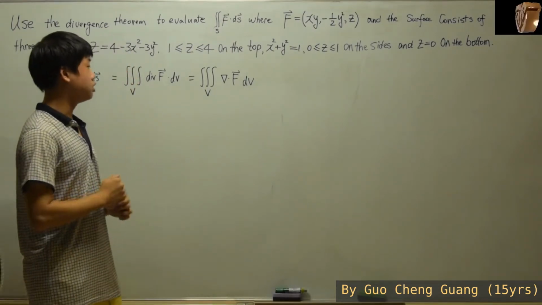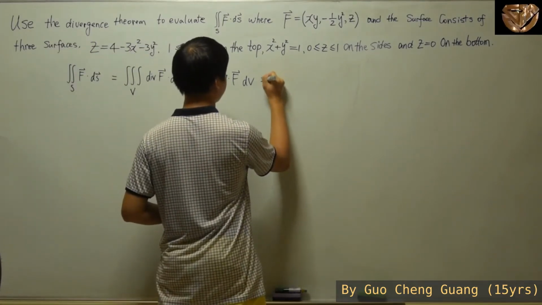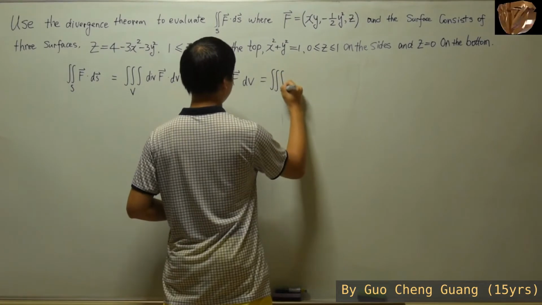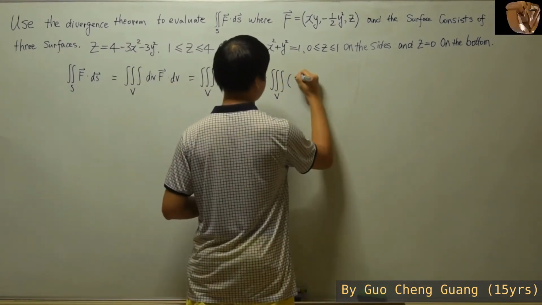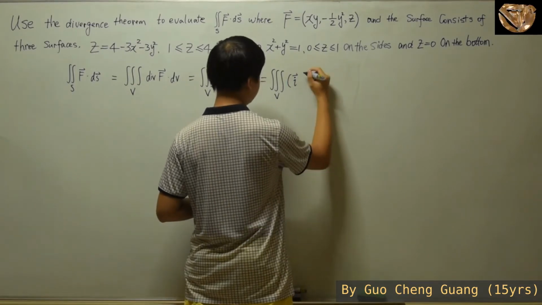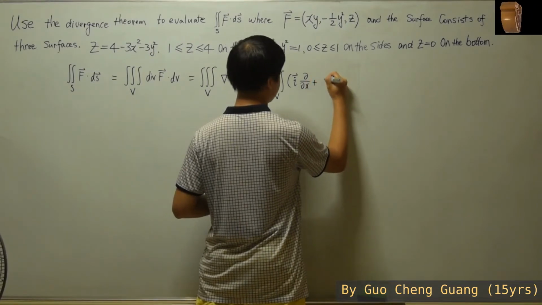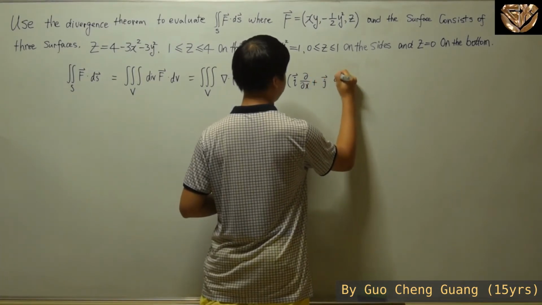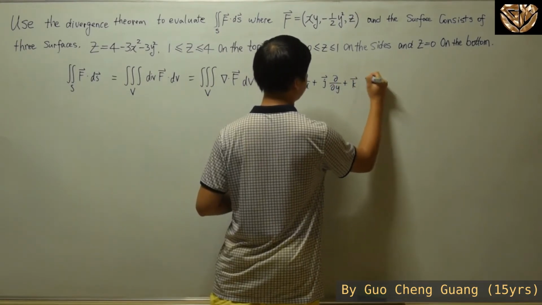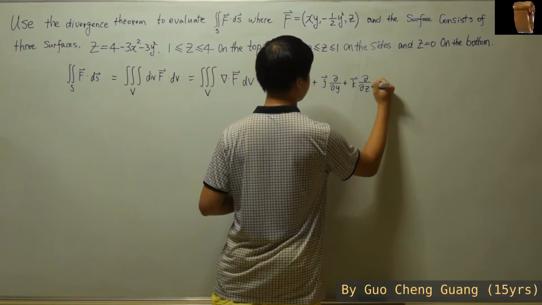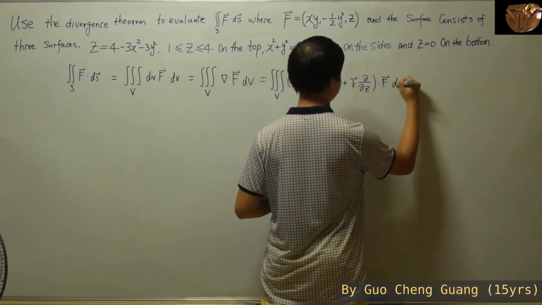So this is one of the forms using del, and there are also quite a few other ways to write it depending on what you like, because you can write it as i vector partial x plus j vector partial y plus k vector partial z, then this dot F vector dV.